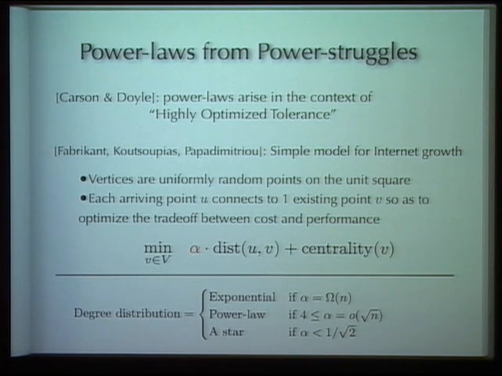You will never hook to someone which is far away. On the other hand, for a relatively large range of values of this parameter, you get a power law in the degree distribution. And then if it turns out that the only thing you care about is the centrality of the vertex to which you connect, the entire graph becomes a star.